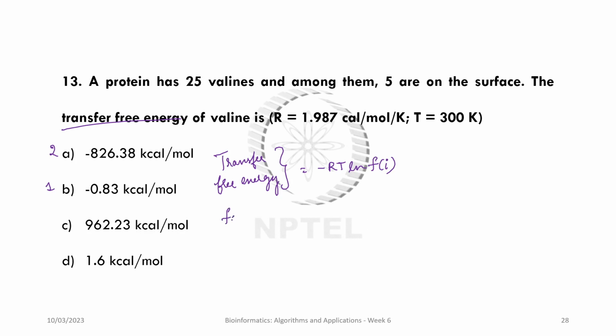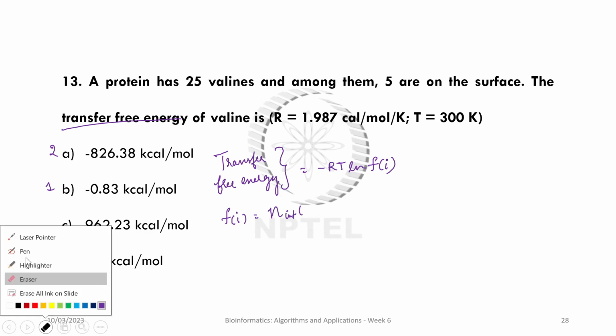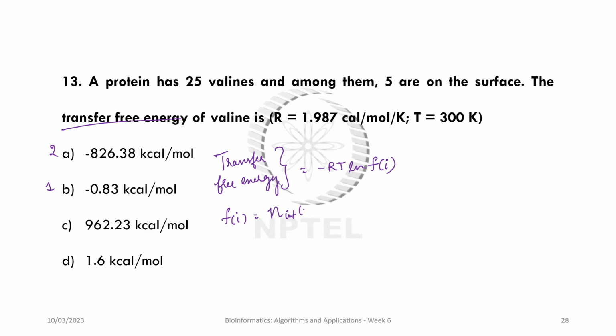And what is f of i? It is the ratio of the number of residues in the interior to the number of residues in the exterior.